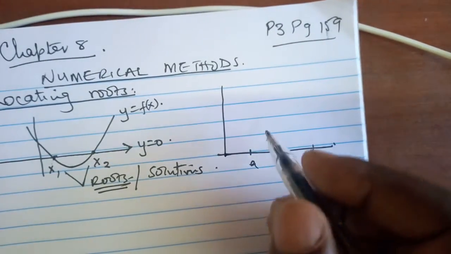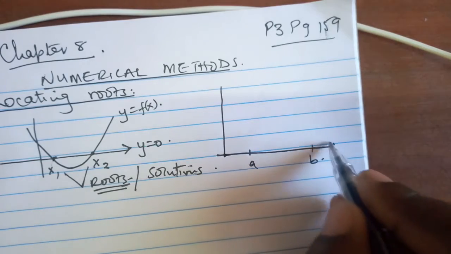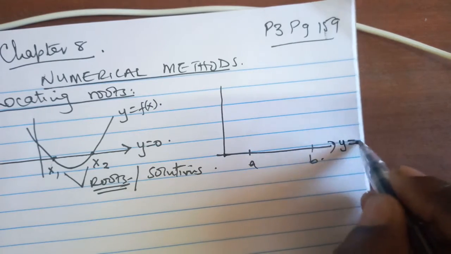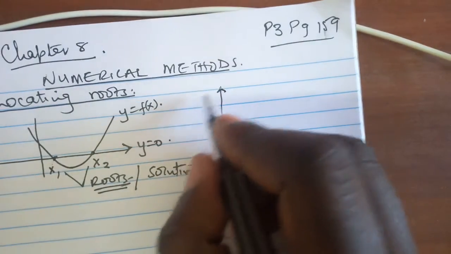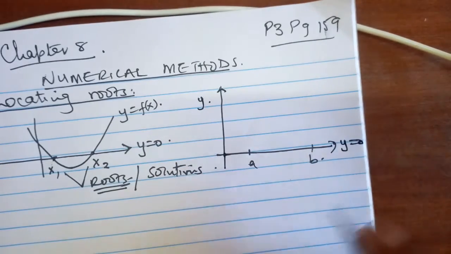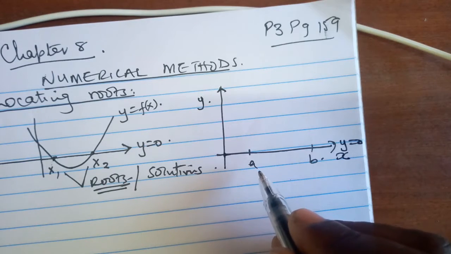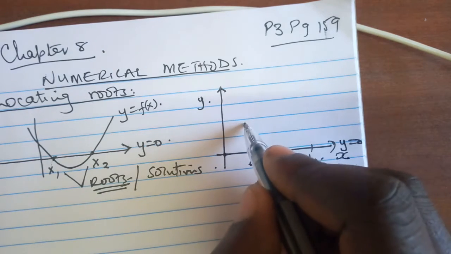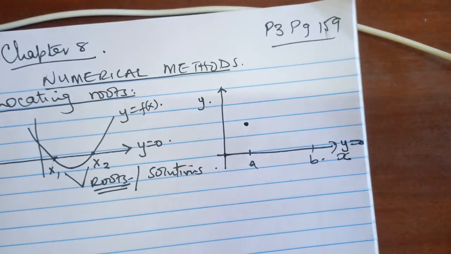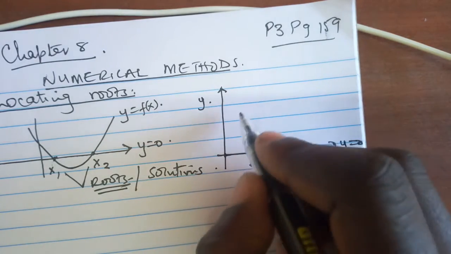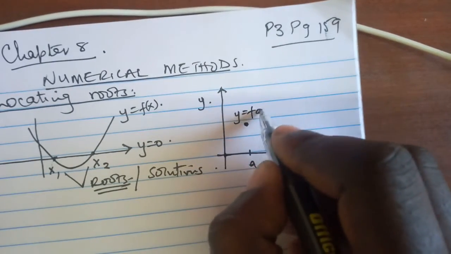When you have a function of this nature, and at this particular point, this is y equals 0, or rather the x-axis, and we have the value of x being a, then we may have y, which is f(a) here.